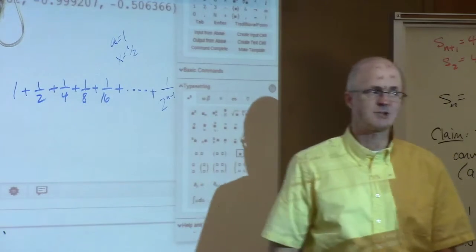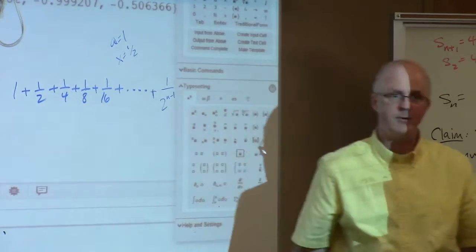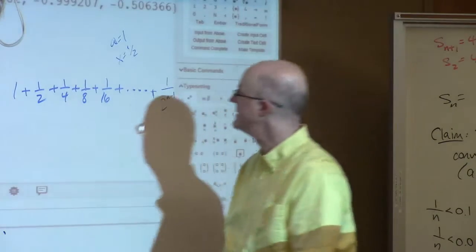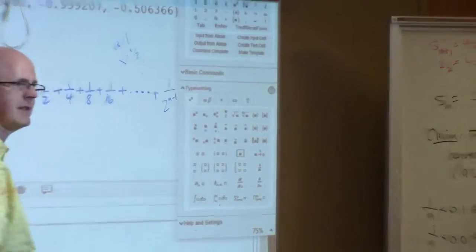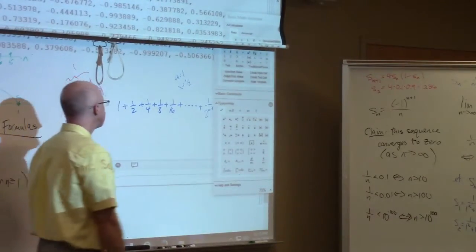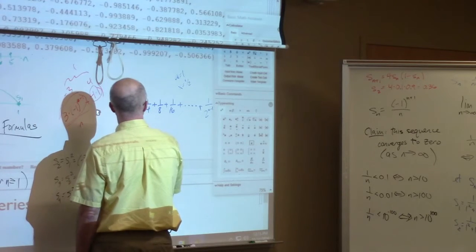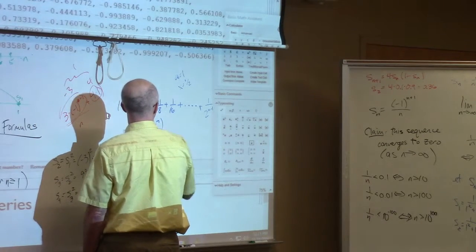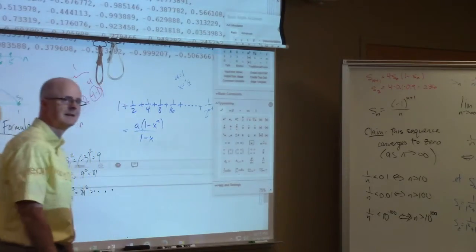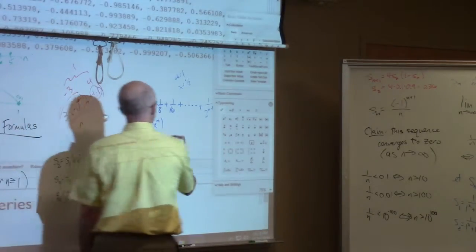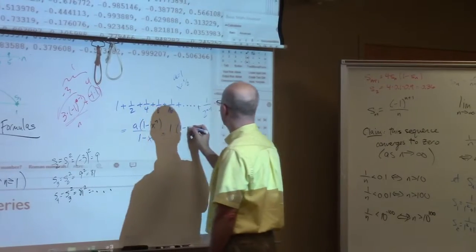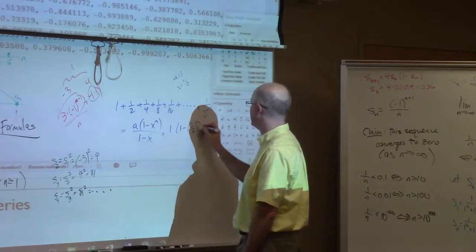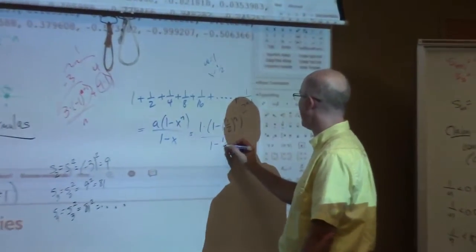Remember we saw last week, I'm not re-deriving it for people in the video who watched last week's videos, that today's lecture 22, I think, so like lectures 18 and 19, to see that the answer is a times 1 minus x to the n over 1 minus x. In this case, that's 1 times 1 minus 1/2 to the n over 1 minus 1/2.